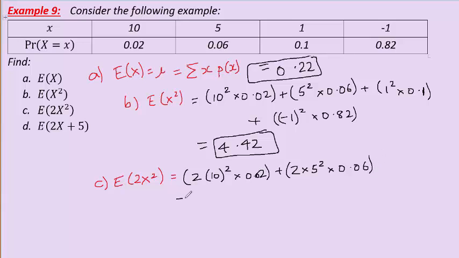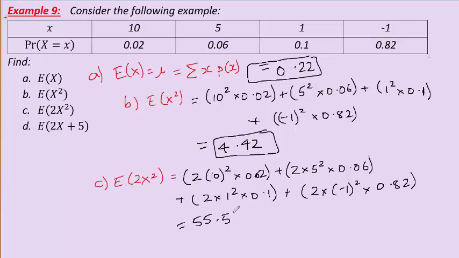Plus 2 times 1 squared times 0.1 plus 2 times negative 1 squared times 0.82. And that comes out to be 55.56. So hopefully you're getting the hang of the idea of how we do these things.